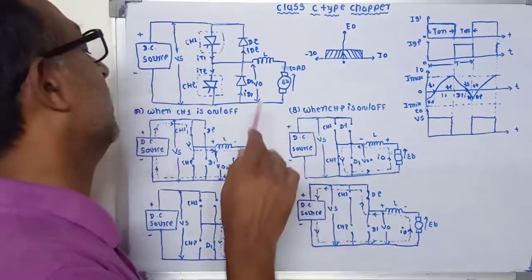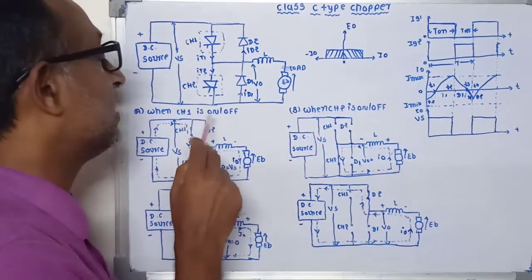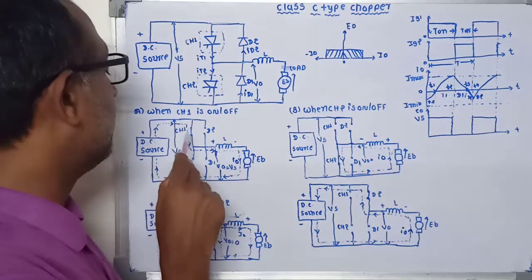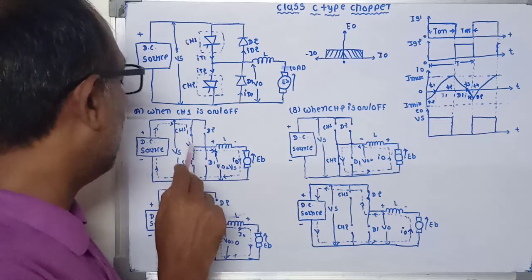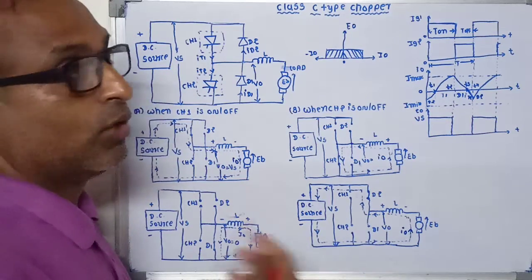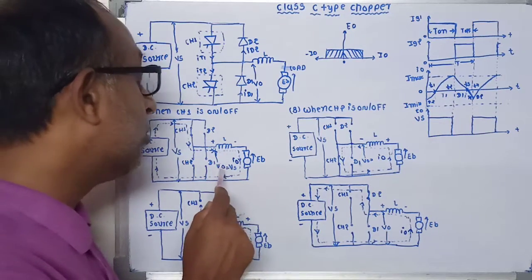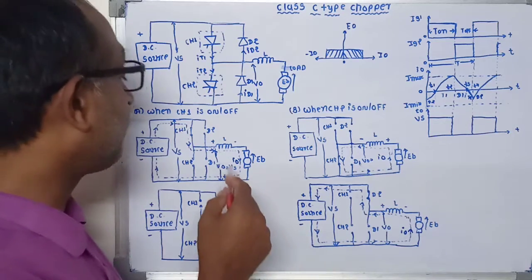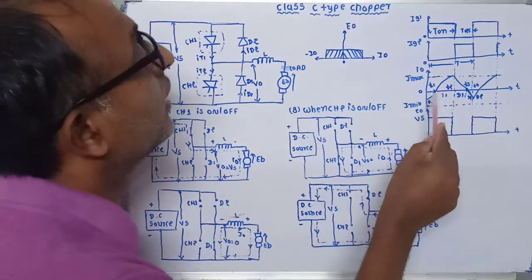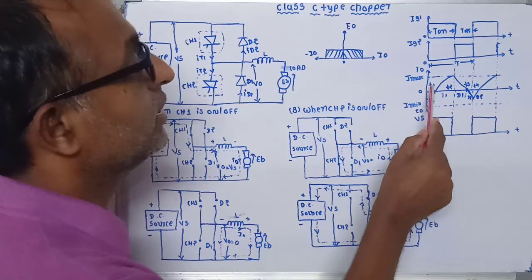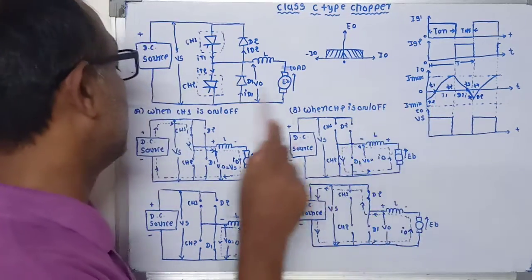Now first we will see when the chopper CH1 is on or off. If chopper 1 is on, then the DC supply voltage appears across the load. That means your output voltage V0 is equal to Vs. This chopper CH1 is operated at time T1, which is most important.